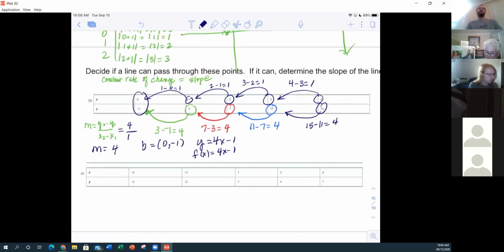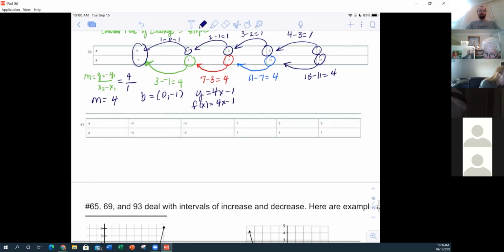Okay, so now let's do the same thing here. Remember, the slope is y2 minus y1 over x2 minus x1. So first let's check the y's. -2 minus -5 is what? Three.